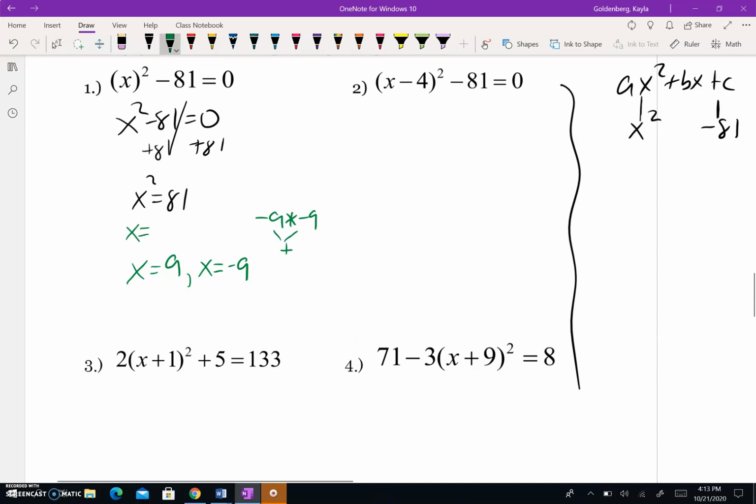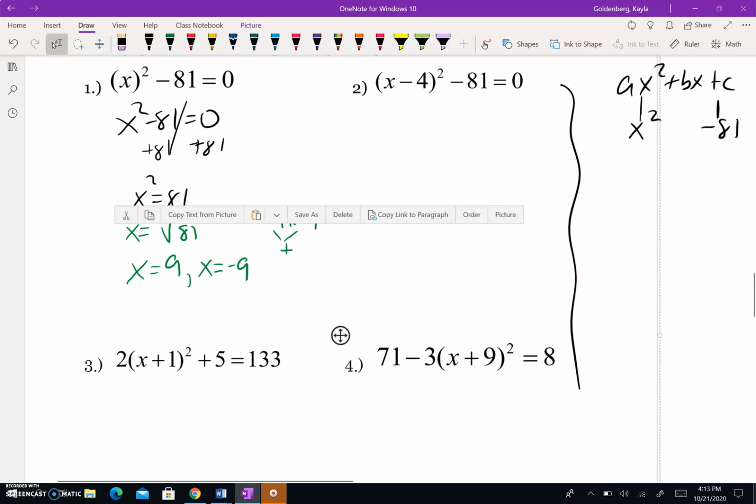So this idea is x is the square root of 81, right? We're square rooting both sides, and you can think about it as the positive and the negative square root of 81, because it was something times itself, and that x could have been a negative 9 or a positive 9.